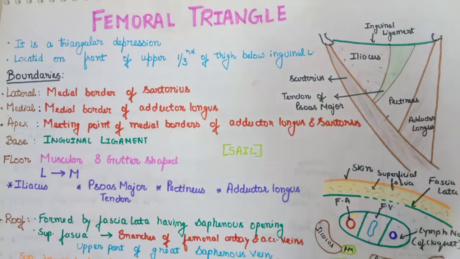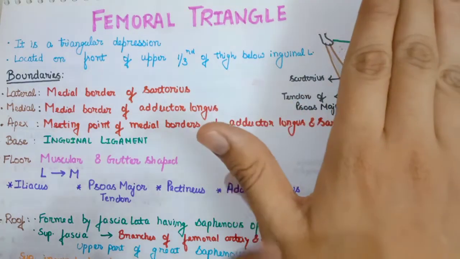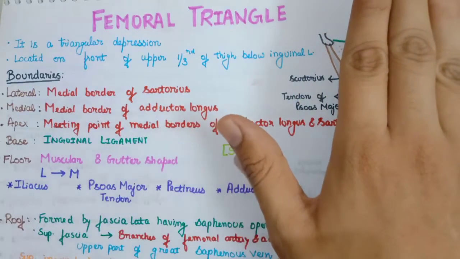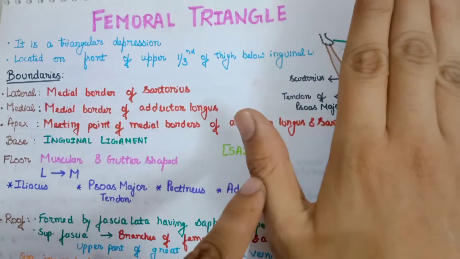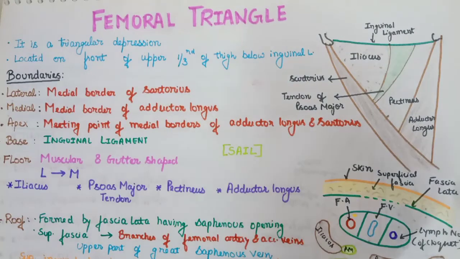As the name suggests, adductor longus helps in the adduction of the leg. Suppose this is the midline axis of the body and this is the axis of the leg. It helps in adduction, or keeping the leg together towards the midline. We have three adductors: longus, brevis, and magnus. Among the three, we have the longus over here. So in total we have the 5 muscles that you should remember in the femoral triangle.